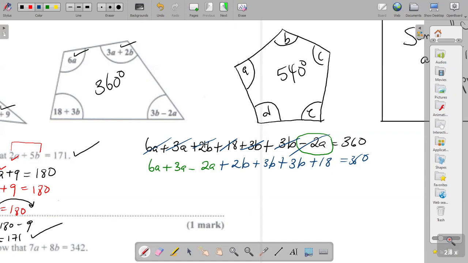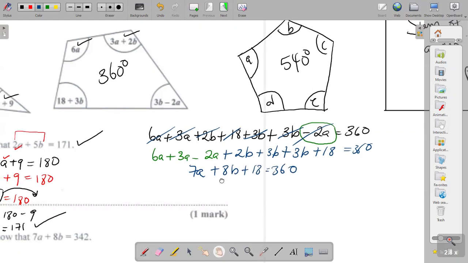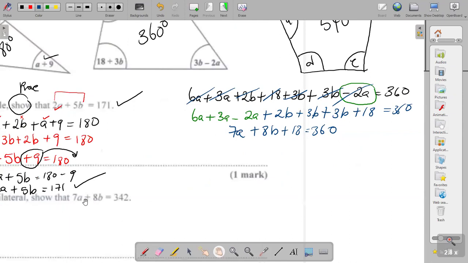Everybody agree? 6a plus 3a is 9a. 9a minus 2a, 7a. Excellent. How much b's I got? 2, 3, that's 5. 5 and 3, that's 8. 8b plus 18 equal 360. Let's check to see if we're on track. 7a plus 8b, we on track.